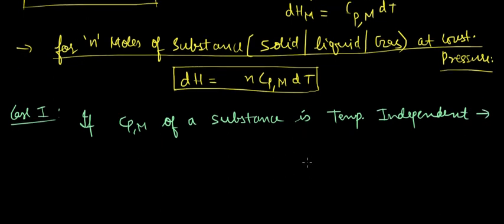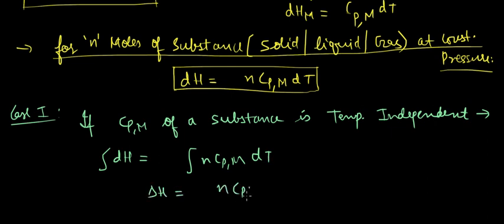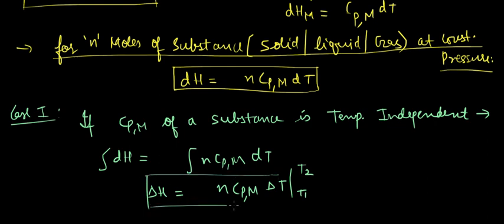Then from T1 to T2 we can write dH as equal to n Cpm dT. So we can have delta H would be equal to n Cpm delta T, again with the limits from T1 to T2. For now I'm erasing this T1 to T2, but I hope you get the point.